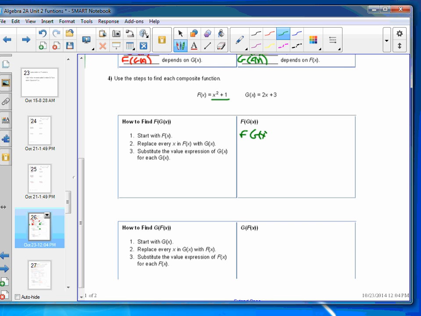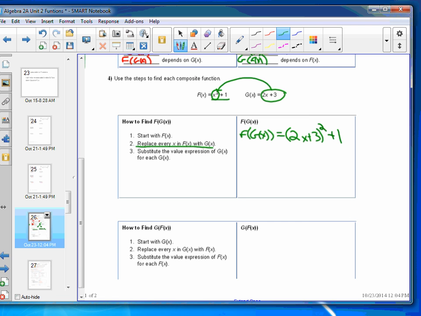F of g of x is equal to, we're going to take g of x, and we're going to substitute that in to the f of x. And wherever there's an x, we're going to replace every x in f of x with g of x, right here. So we're going to take this x right here, and we're going to replace it with the g of x. So this is equal to, instead of x squared, it's going to be 2x plus 3 squared, and then you still have a plus 1.